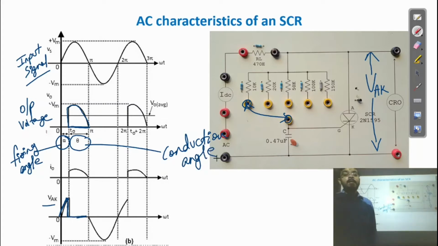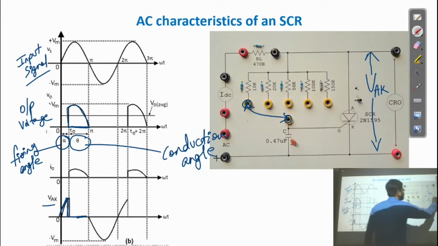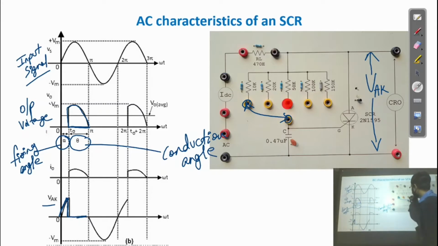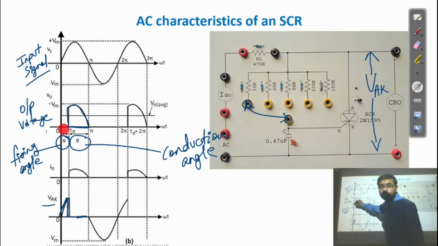Right? Now, if I change the value of resistance, you can change the firing angle of an SCR. Means you can have a control at the point where you want the AC signal to be converted to DC.